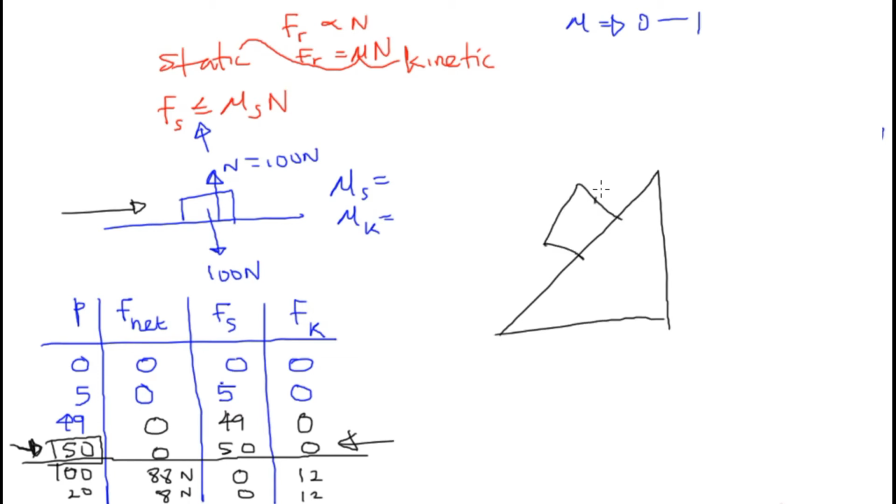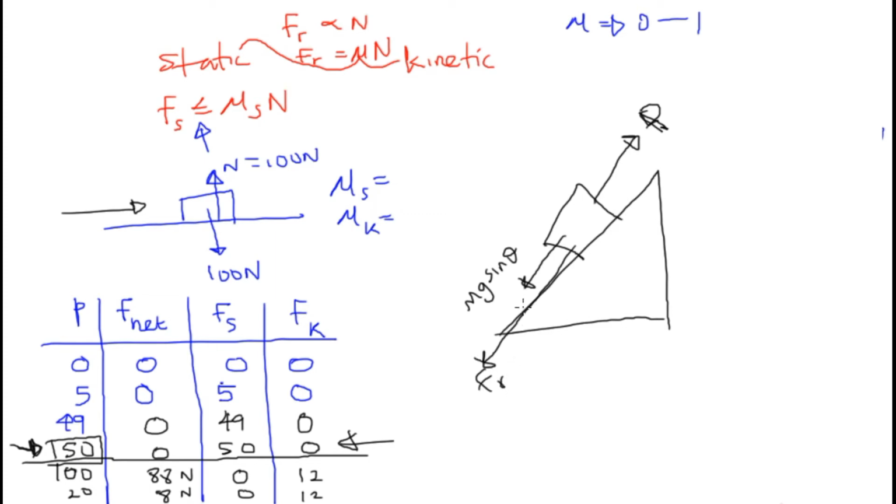When I place this object on the inclined plane, there will be mg sine theta naturally, as I already explained. If I apply a force of P in this direction, which is up the inclined plane, there will be a frictional force that must oppose the motion, which is Fr.